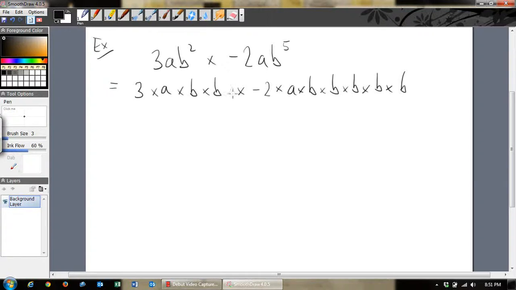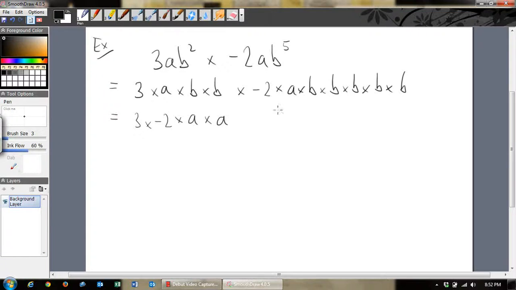Now, if this helps you to figure stuff out, then use this. But you don't necessarily have to do this because there's heaps of shortcuts in algebra. So I'm going to rearrange it. I'm going to put all the numbers together at the front, and then I'm going to put the a's together, what we have, and the b's together. So this means 3 times negative 2, put the numbers at the front, and then I'm going to have the a's. We've got one a here, and then we've got another a there.